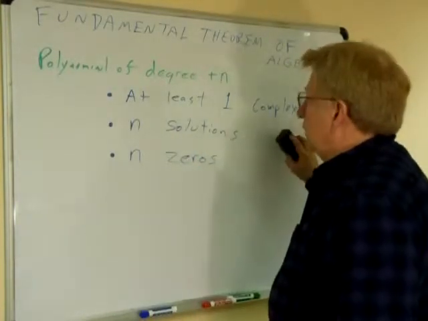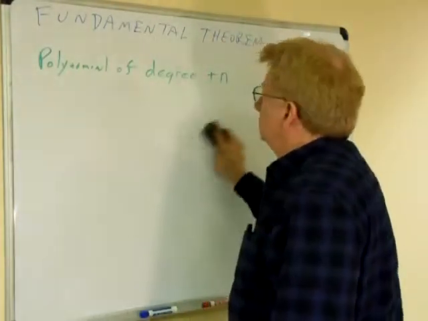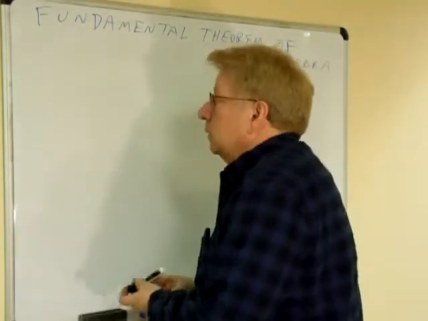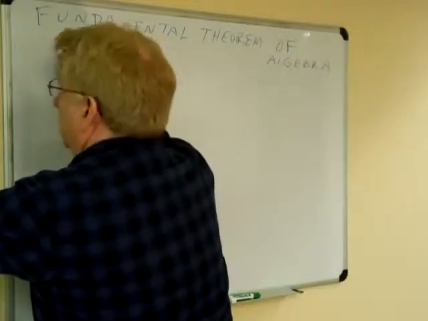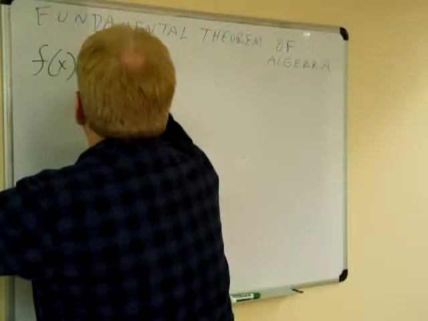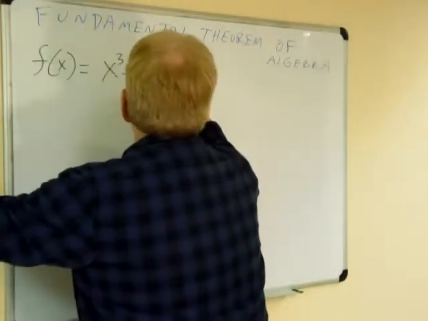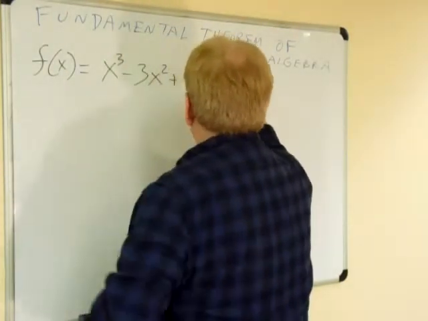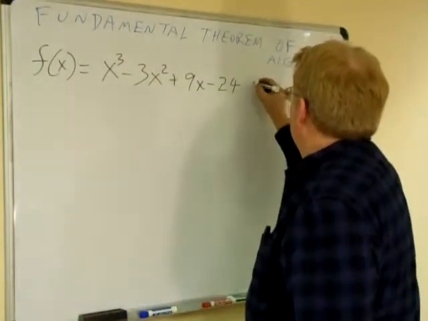Now let's take an example. If we have f of x equals x cubed minus 3x squared plus 9x minus 27, and let's say f of x equals 0.